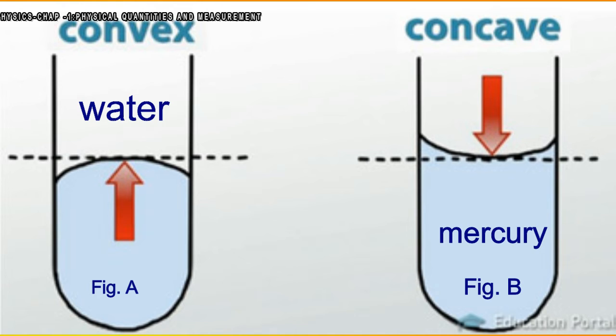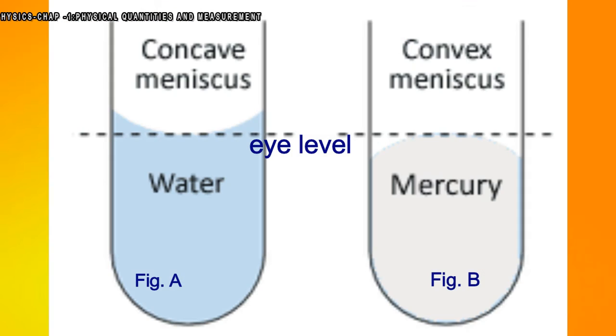When liquids like water, kerosene, etc. are left undisturbed, a curve appears downwards, that is the concave side. Keep your eye at the level of the curve and take the reading corresponding to the curve.